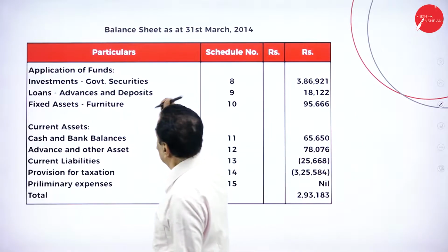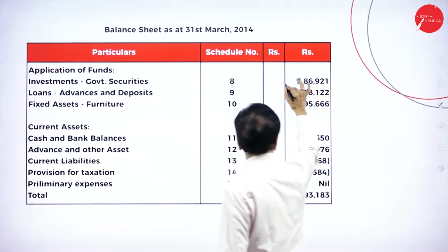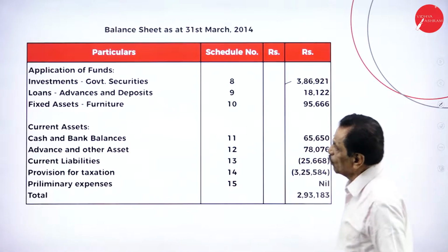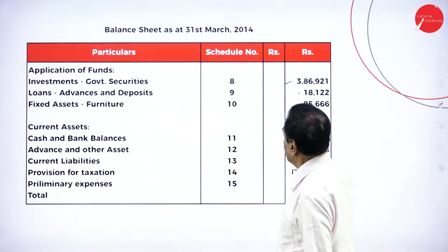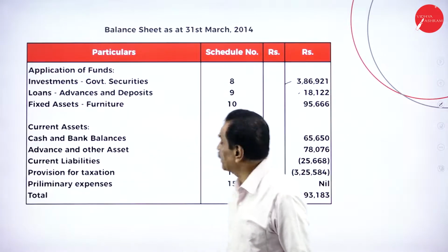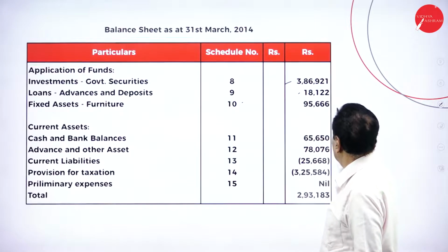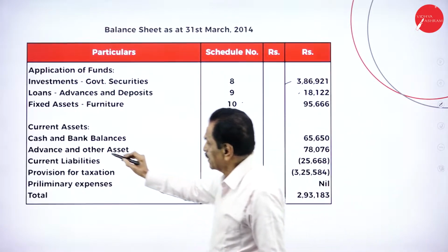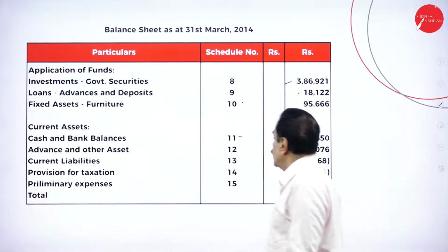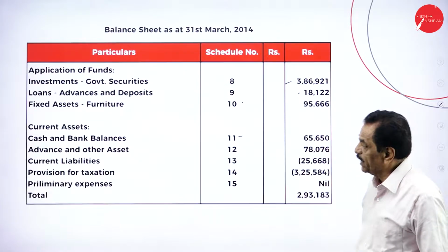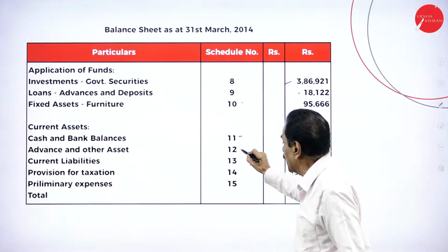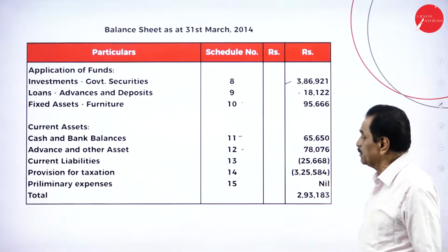Come back to application of fund. Investment government security 3,86,000. Loans, advance and deposit 18,122. Fixed asset furniture 95,666. Then cash and bank balance schedule number 11, 65,650. Then advance and other asset as per schedule 78,076.